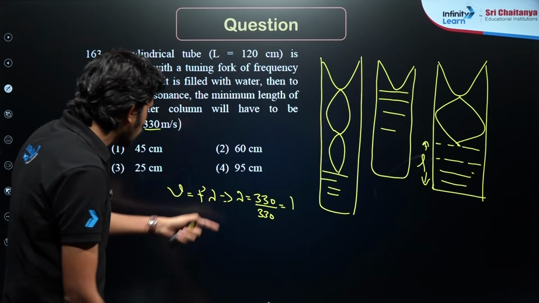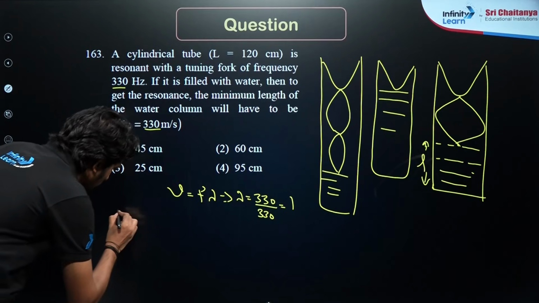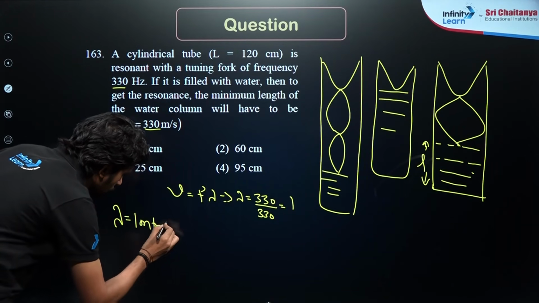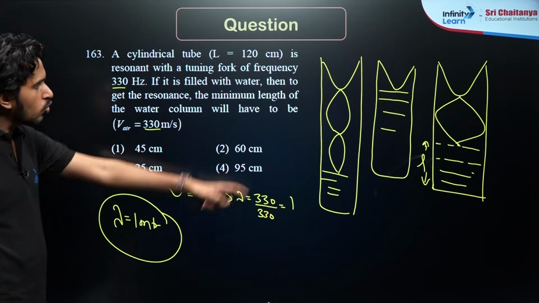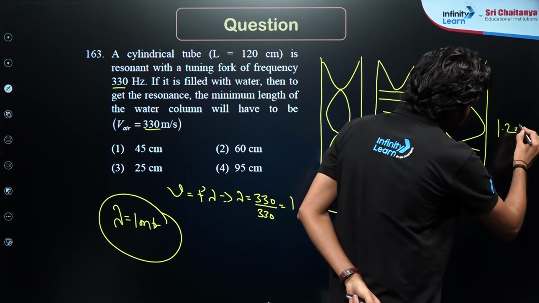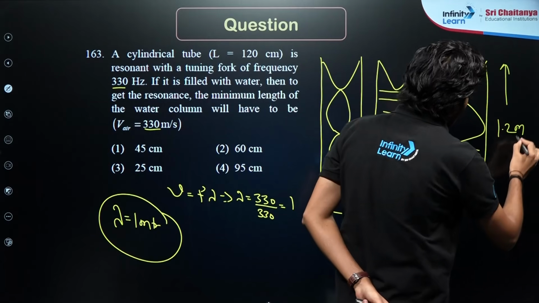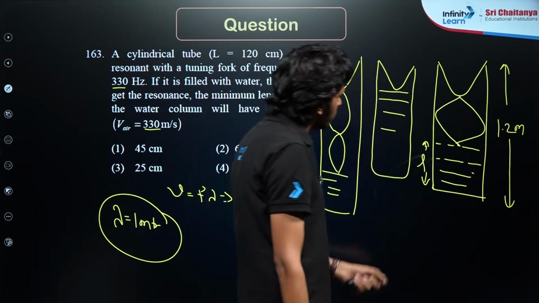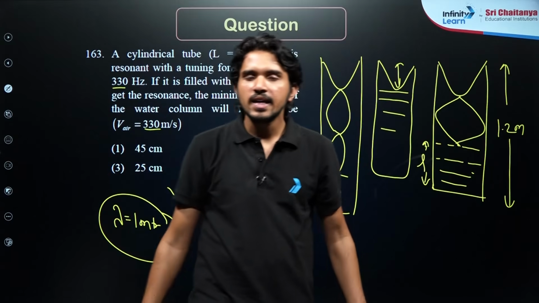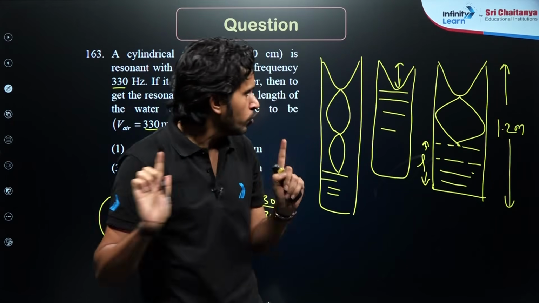So the lambda value comes out as 1 meter, and the total length is 1.2 meter. Can you tell me what this distance is? Lambda by 4, and lambda by 4 means 0.25.